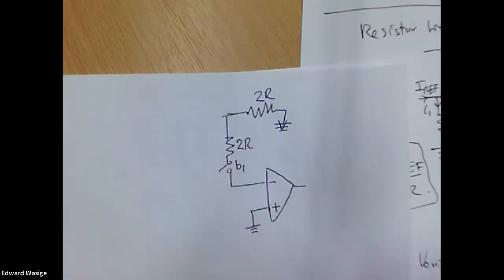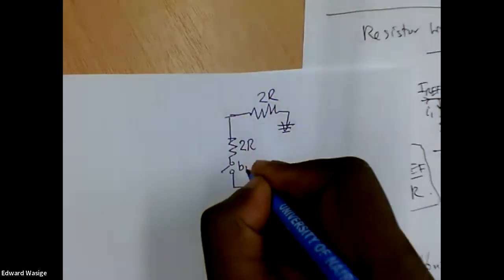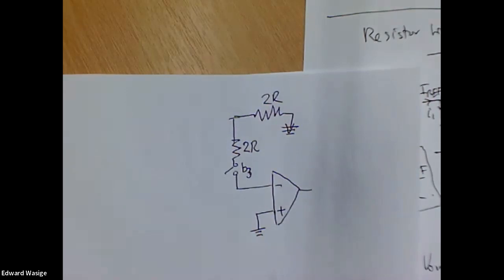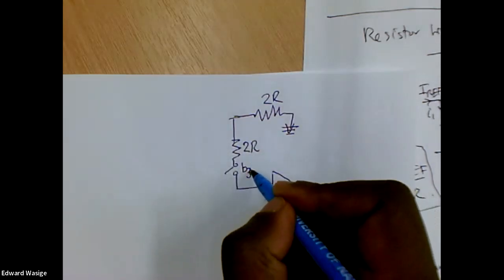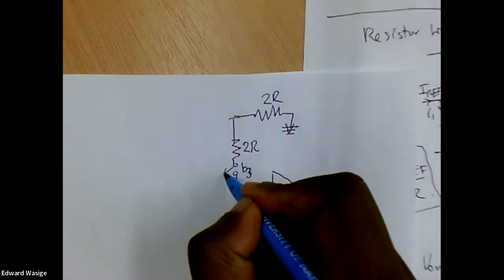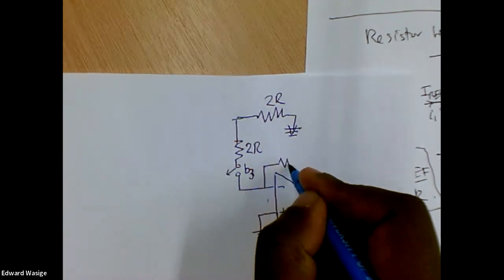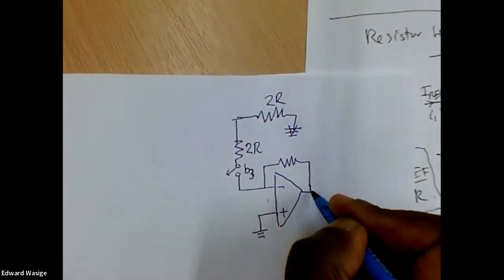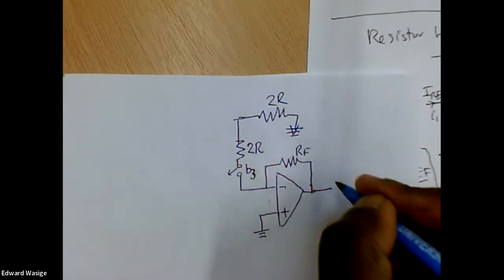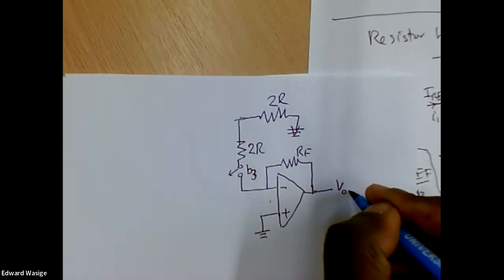This switch is controlled by bit B3, because the one closest to the DAC will be the lowest weighting. If B3 is 1, the switch is closed and the current comes here. And here we'll have our feedback resistor, RF, that's V out.